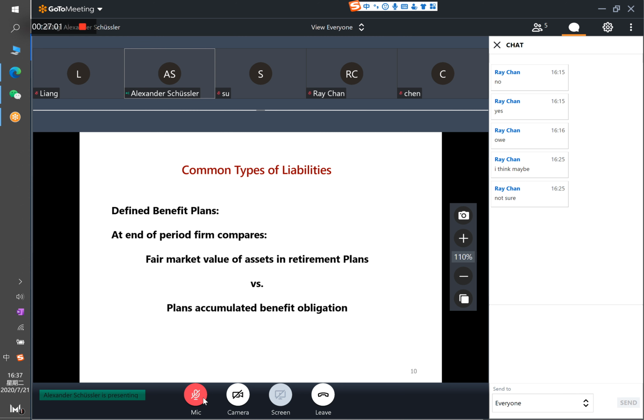At the end of the period, a firm always has to compare the fair market value of the assets in the retirement plan with the plan's accumulated benefit obligation. What is the fair market value? If you think about fair market value of the assets in a retirement plan, what is this? What are we thinking about here?